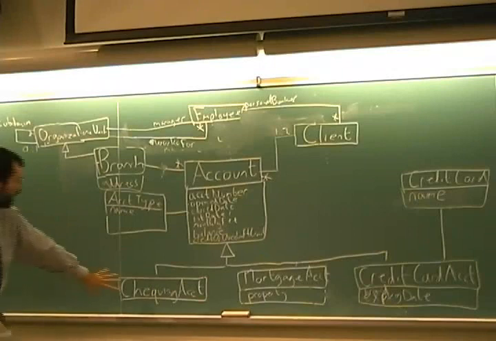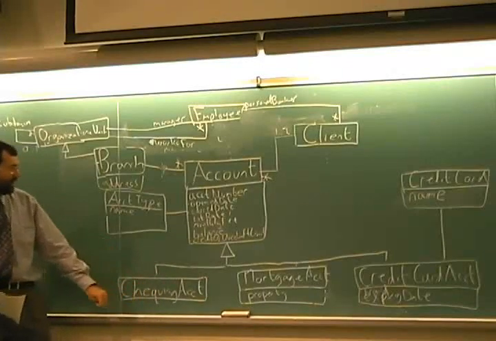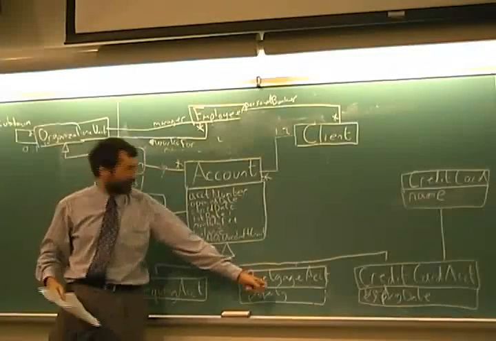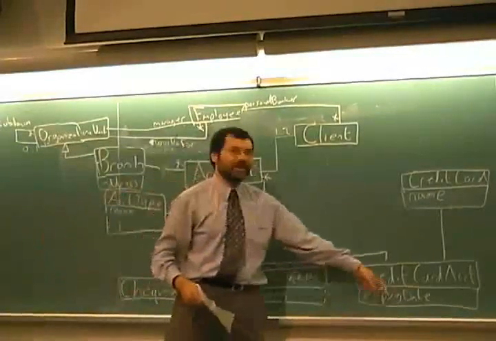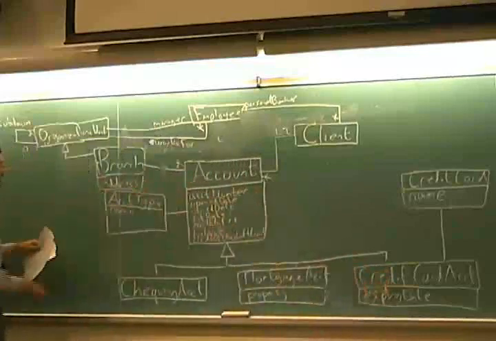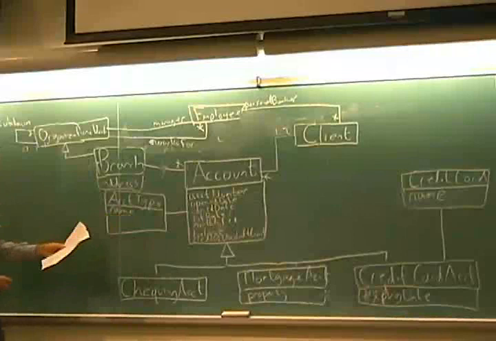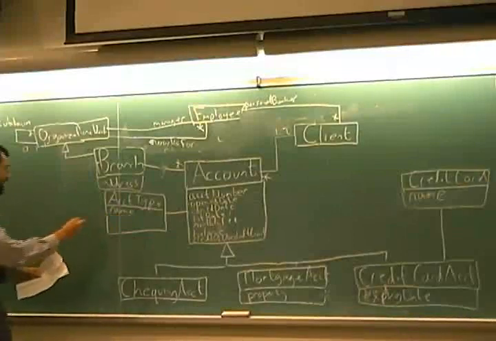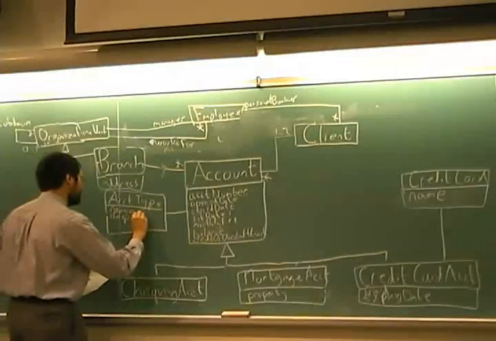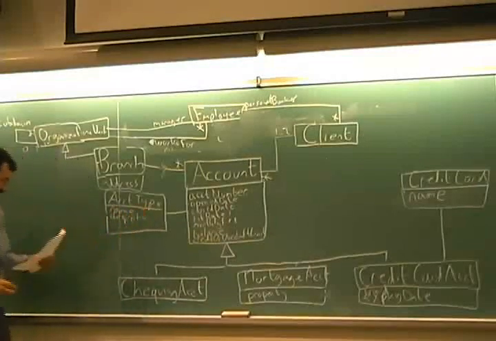It's a kind of checking account, or a special flexi rate mortgage account, or a Visa account that earns you air miles. And all of these things can be account types that have a name and have associated with them maybe a description of the privileges, a number of things like that.